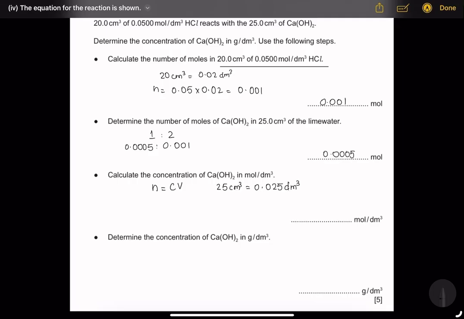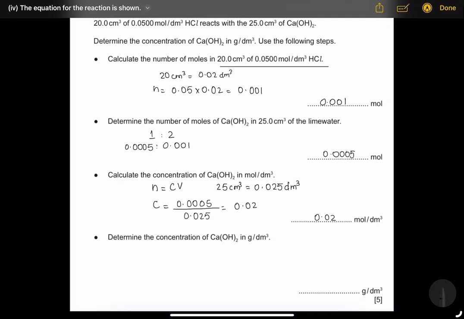And then we'll get concentration as 0.0005 divided by 0.025, which is 0.02 mole per dm cube.